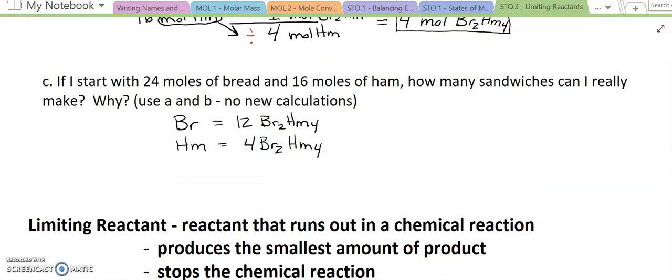And that means I'm going to make 4 sandwiches. And while I will have leftover bread, if I don't have ham, I can't make a ham sandwich.